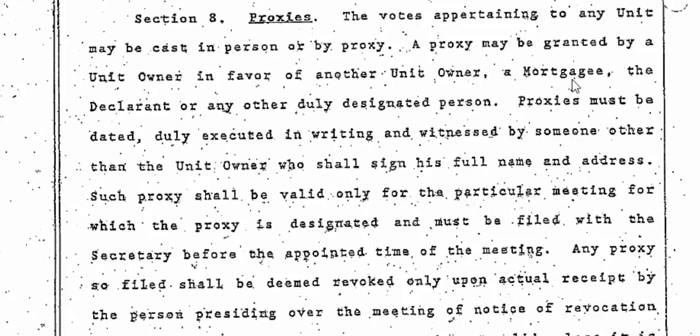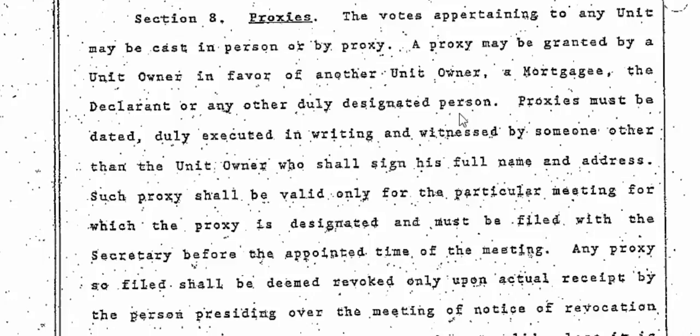It could be a bank. It could be a trust. It could be anybody that actually holds that deed until you pay it off. The declarant, which is no longer in existence because that goes back to the original building or builder, or any other duly designated person. This could be your brother, your sister, your uncle, your friend.